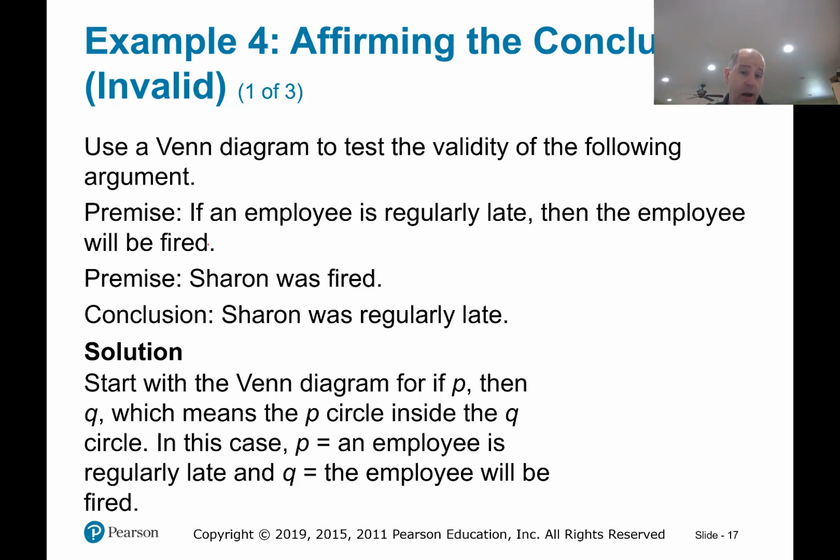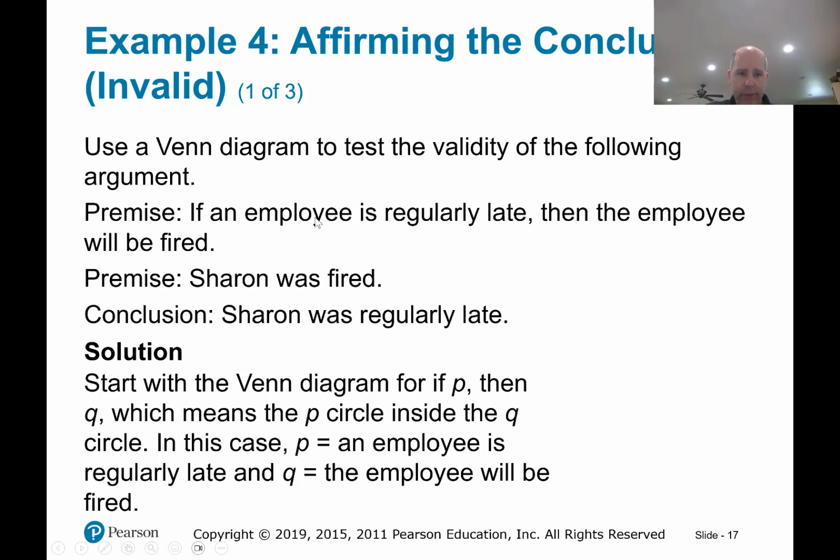Conditional statements are equivalent to all statements, because if you say if an employee is regularly late, then the employee will be fired, then it means that all employees that are regularly late are also employees that will be fired. So there's concentric circles there. So conditionals are always translated into all statements, or they can be, right? So there's an equivalency there.